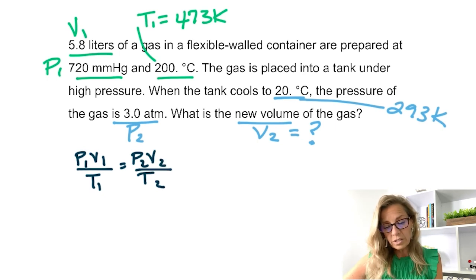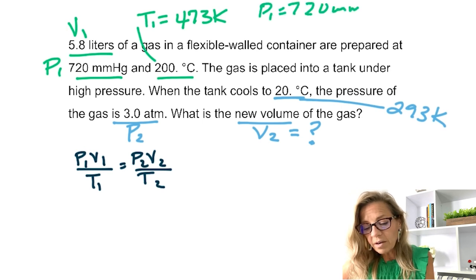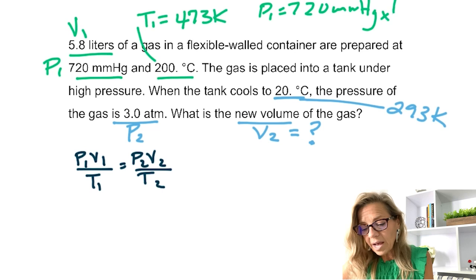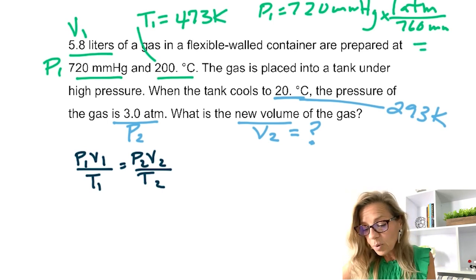All right, now what we need to do is insert these numbers, but I do notice that my pressures don't match. What bothers me is my pressure at 1 is in millimeters of mercury. So I want to convert that quickly into atmospheres. So 1 atmosphere is 760 millimeters of mercury, and so that new pressure is 0.95 atmospheres.